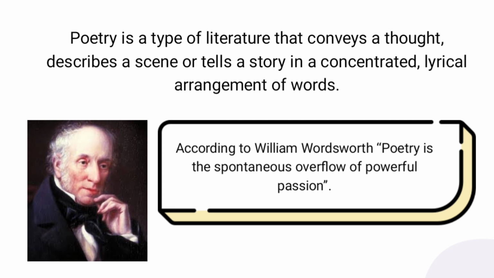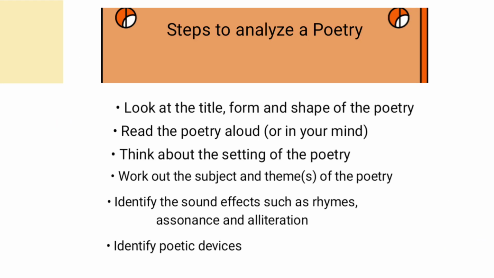He believed that when someone experiences intense emotions, those feelings can spontaneously and naturally flow out in the form of poetry. So it's like an emotional release or outpouring that comes directly from the heart without any premeditation or calculation. So that's poetry for him.